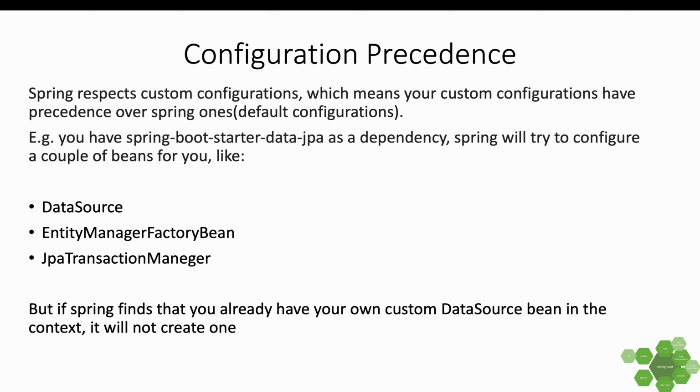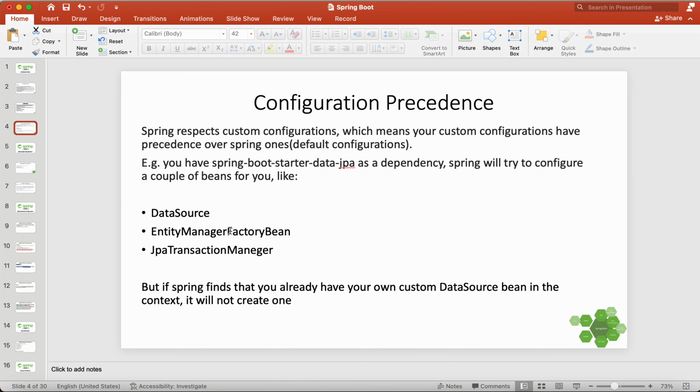But now, if in your same Spring application you define your own custom bean, which is the data source bean, Spring will not create a data source for you. It will still create the entity manager factory bean and the JPA transaction manager for you.